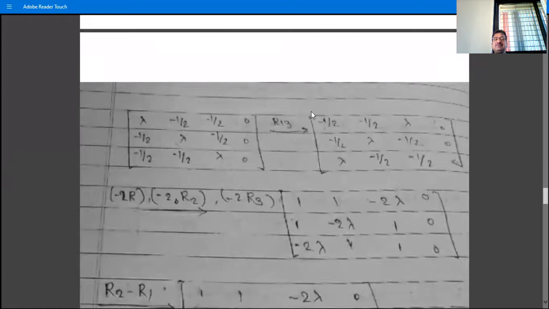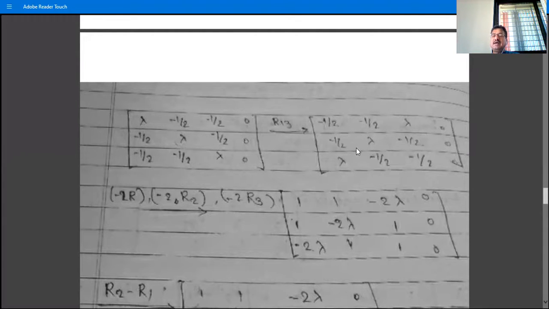Then we have to reduce this minus 1 half to 1, so we multiply R1 by minus 2. Similarly, multiply R2 by minus 2 and R3 by minus 2 in order to cancel the fractions, or we can keep the fractions as they are.